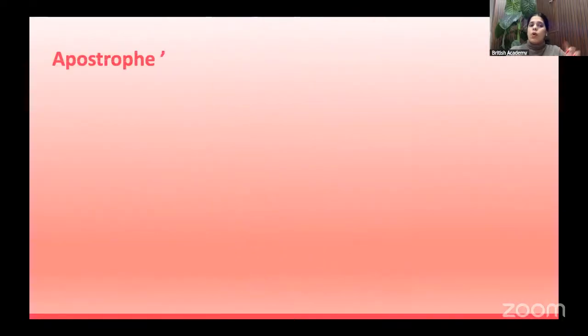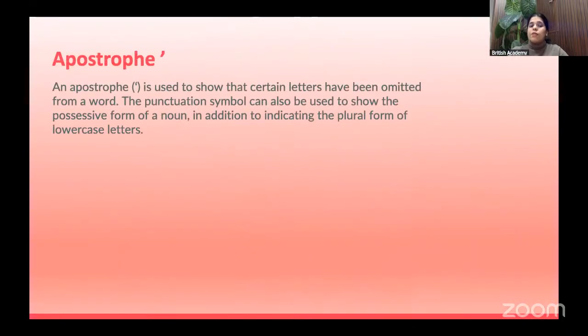Okay. Now, the apostrophe. An apostrophe is used to show that certain letters have been omitted from a word. It can also be used to show the possessive form of a noun, in addition to indicating the plural form of lowercase letters. So, for example, an apostrophe is used to show contraction. If we have a contraction, we can show it with the help of an apostrophe.